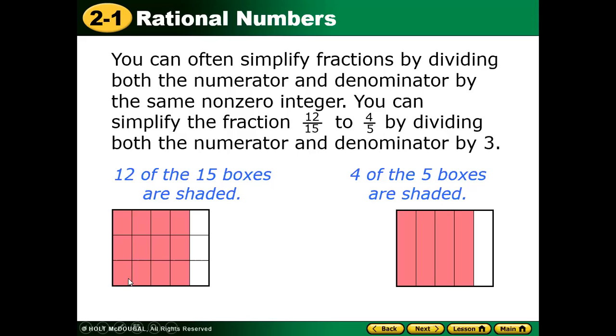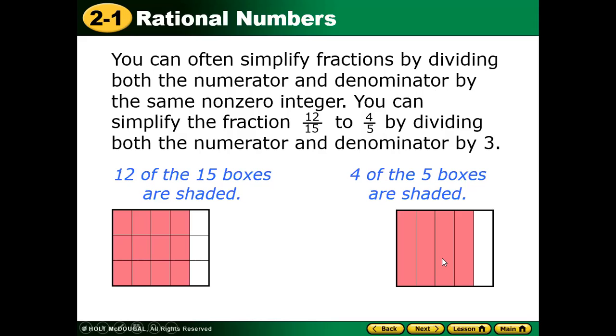So if I want to represent those two examples, 12 over 15, you are going to divide the large box into 15 boxes and shade 12 parts, which is part over whole.